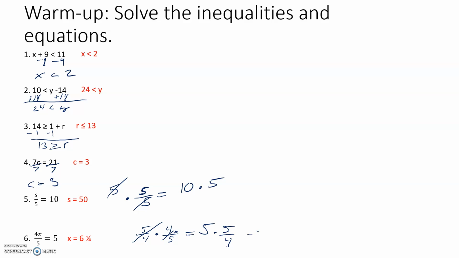So I'm going to put an arrow there because it's not really equal. x equals 25/4, and I'm just going to simplify that. x equals 25 divided by 4 would be 6 and 1/4.